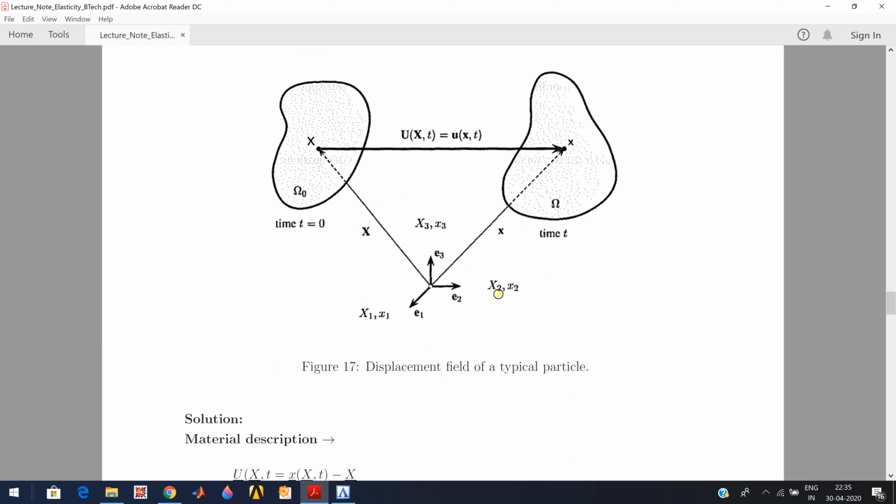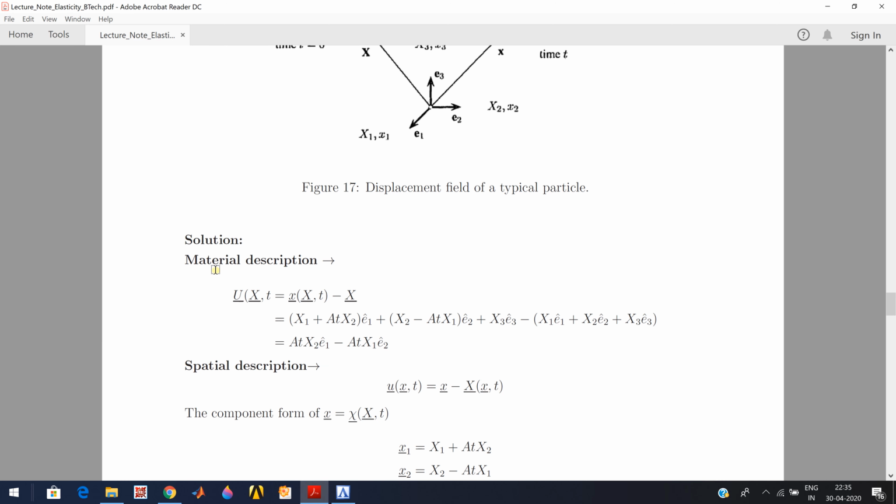So here let us first discuss what is capital U. Okay, so there is a bracket missing here. Capital U will be nothing but the final position minus initial position, and the final position is described in terms of capital X, which is already given.